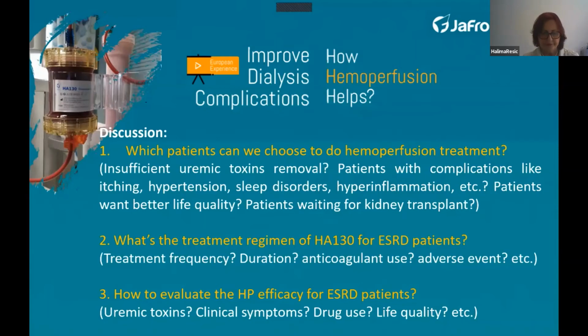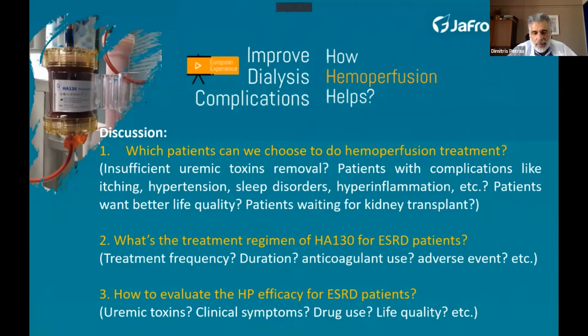Okay, so mainly osteodystrophy. Dimitris, please, good morning. Good morning, thank you for the invitation. We start with patients that complained about itching, and then we spread to patients with high PTH. We didn't have patients with sleep disorders or with uncontrolled hypertension. One other thing is that we try to have patients that did not spend so much time in dialysis.